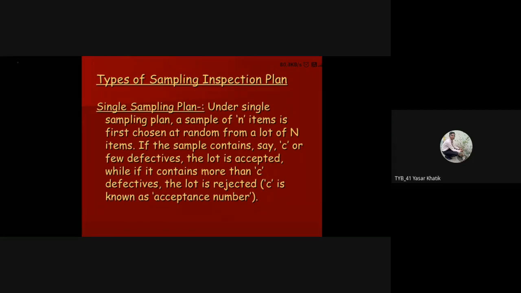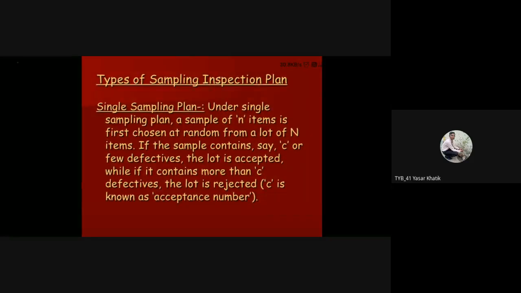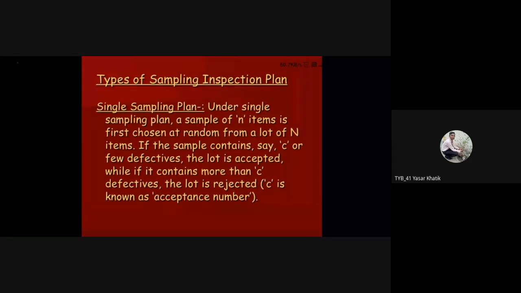It is not possible to check each and every product, so we take a sampling method. We can take 10 or 20 products out of 100 and check them, and based on that sampling inspection we can decide whether the lot is accepted or rejected. For that we use acceptance sampling.